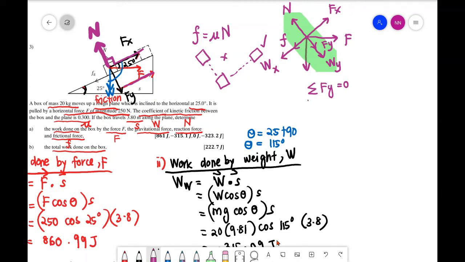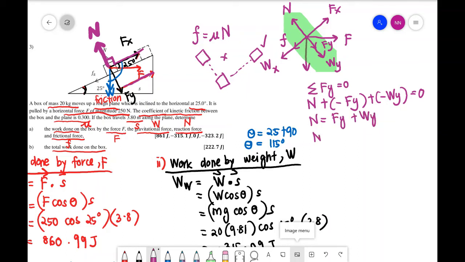So we have N, and then we have Fy downward, and then we have Wy downward as well. So it is negative, equals 0. Let N be the subject. So N equals Fy plus Wy, where Fy is F sin theta and Wy is mg cos theta.